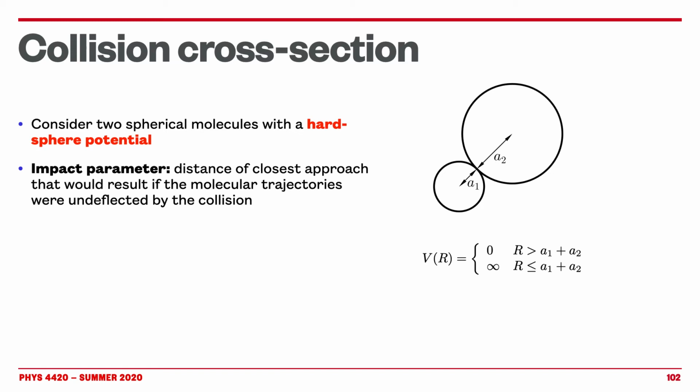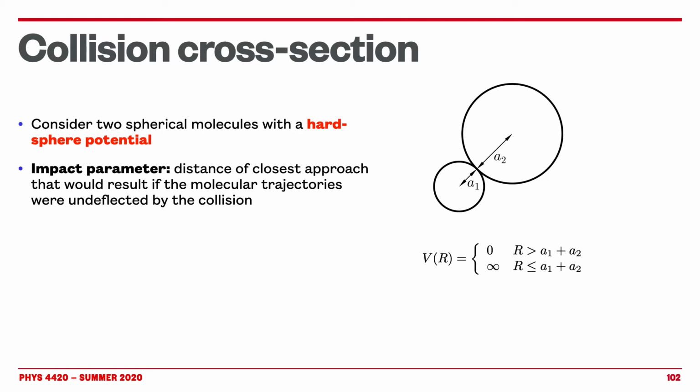In other words, this is the largest distance that another particle should be away from the center to start having a collision. So if any other particle is further than A1 from particle 1, then there will be no collision. Basically, that's what it means.